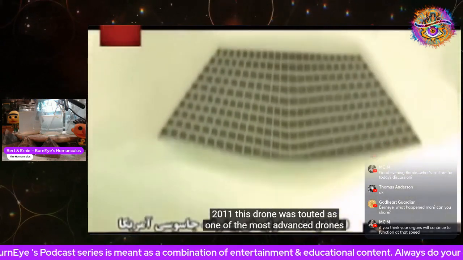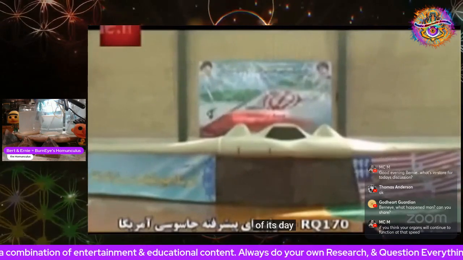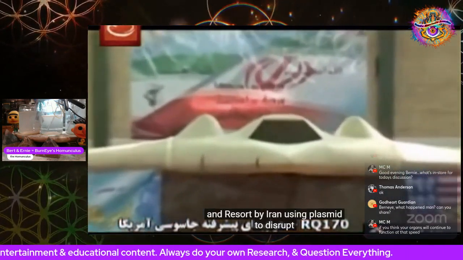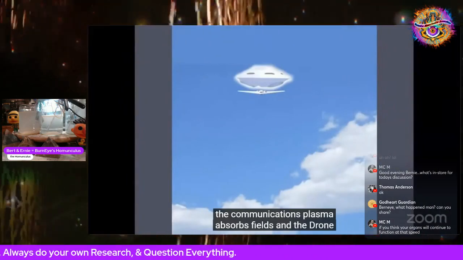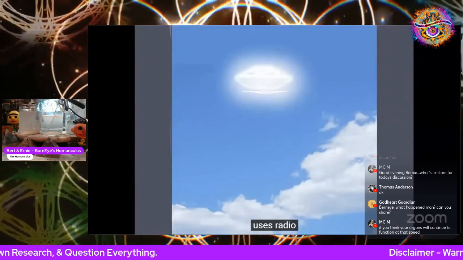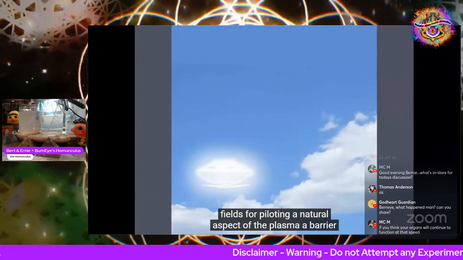This drone was touted as one of the most advanced drones of its day, and was caught by Iran using plasma to disrupt the communications. Plasma absorbs fields, and the drone uses radio fields for piloting, a natural aspect of the plasma, a barrier of fields.